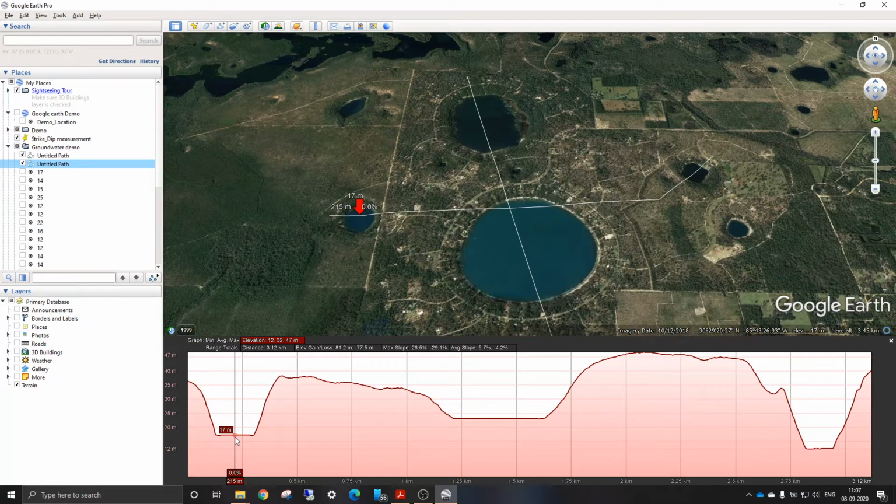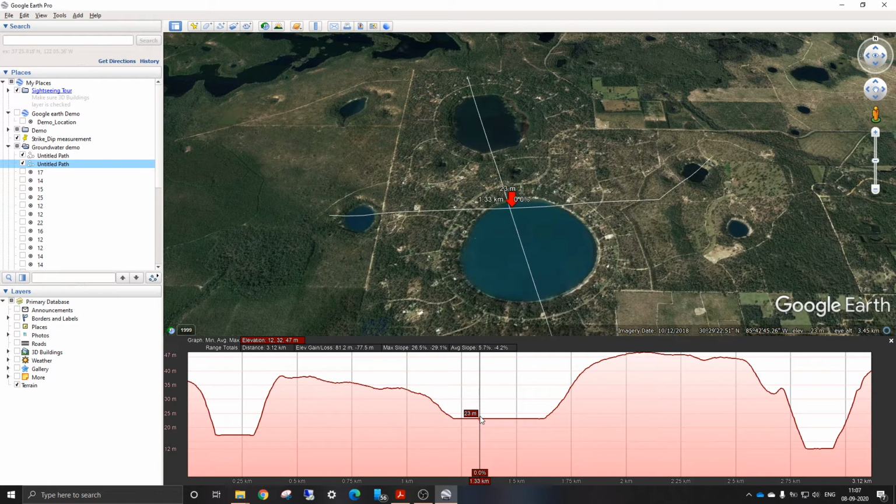This is very different from this one. It is 23 meters. Though these water bodies are adjacent to each other, there is a major difference in the elevation of the water table, the elevation of the water level.